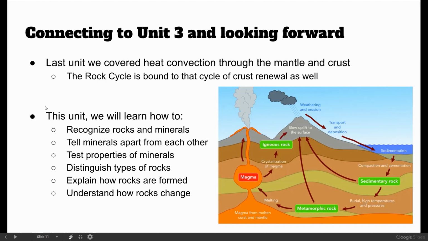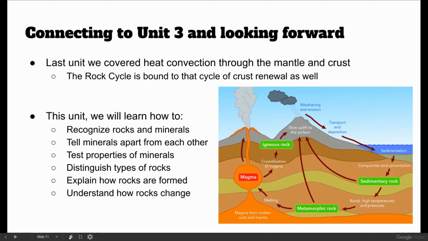For this unit, there are a couple of things that you need to have as your goals. First, you need to be able to recognize different rocks and minerals and tell them apart from each other. We're going to learn how to test the properties of minerals.